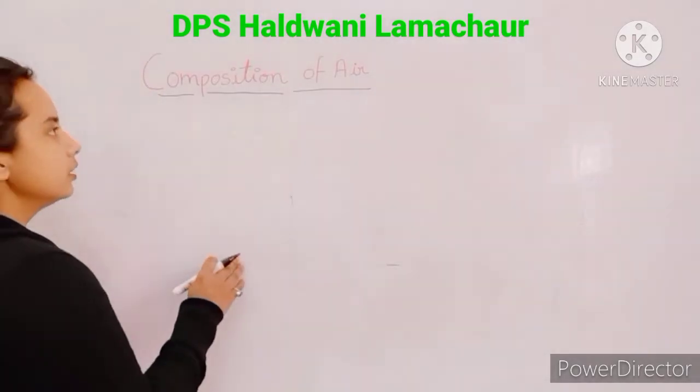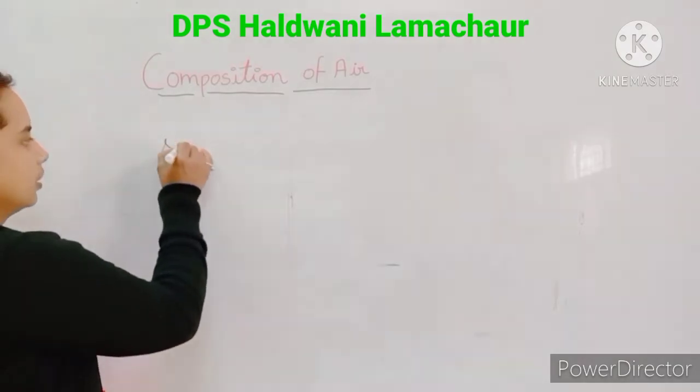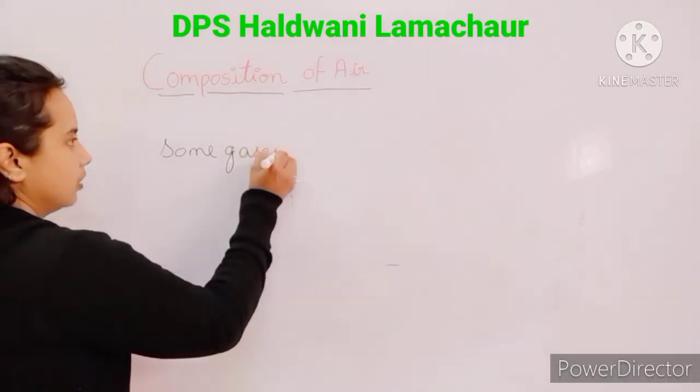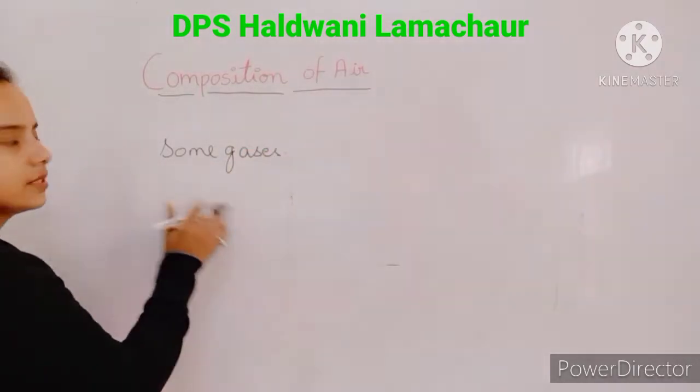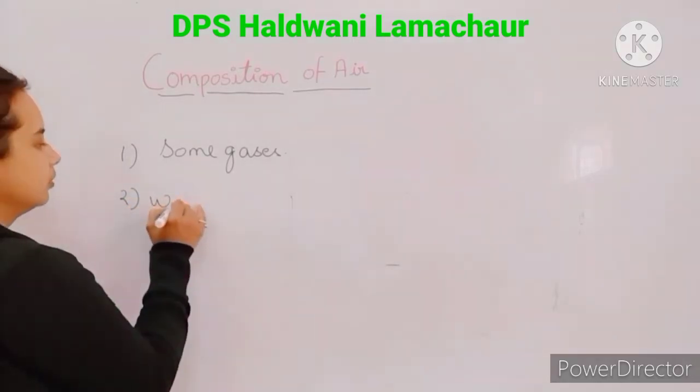So students, air is composed of some gases, a mixture of some gases. Second is water vapor.